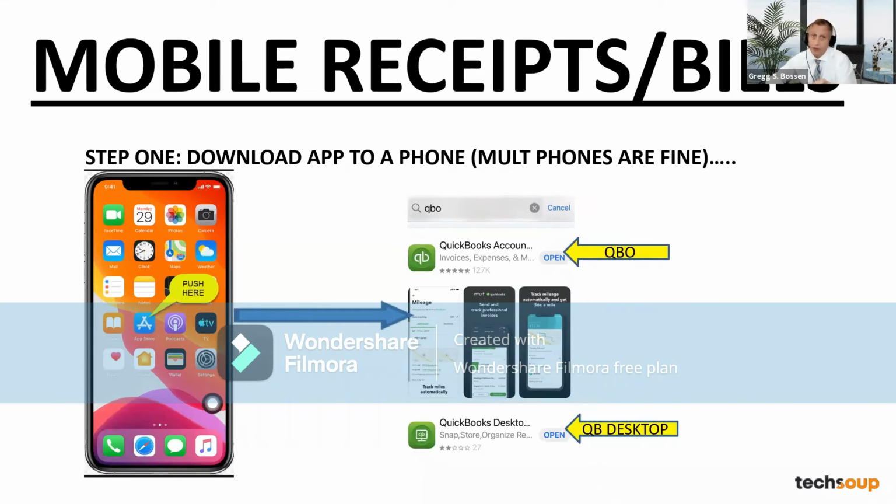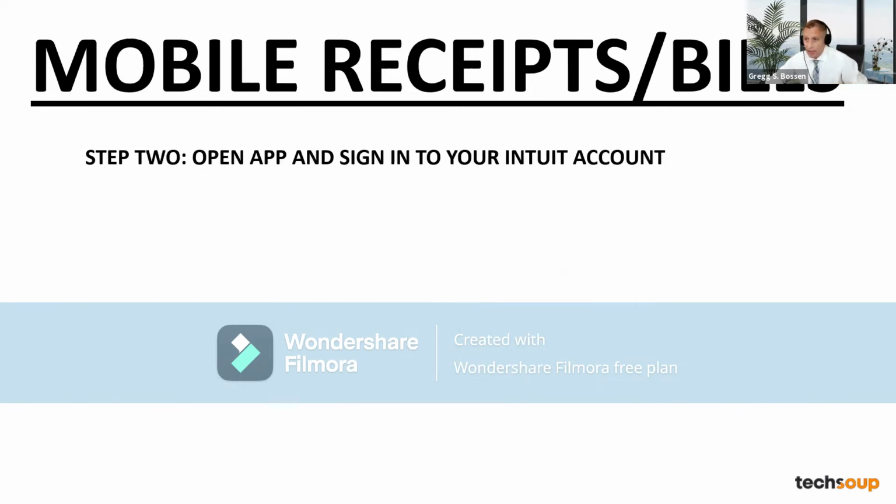Now, you'll need to have QuickBooks 2022. Once you click on that, you'll install it. Once you install it, you'll open the app, and then you need to connect to your QuickBooks file.